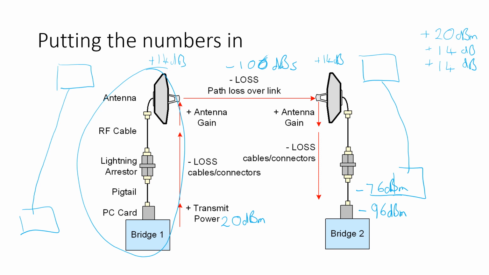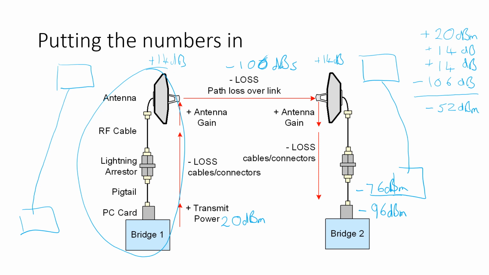And we need to take into account the path loss over the link, so that's a minus 106 dB, like that. So if we quickly add all of this up, this will tell us how much power we're effectively receiving at the receive end of the system, and that will work out to be approximately minus 52 dBm.